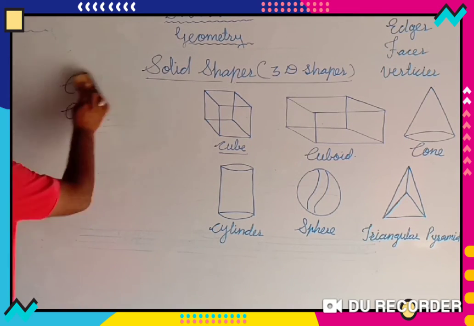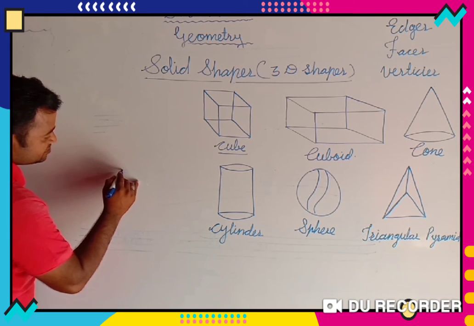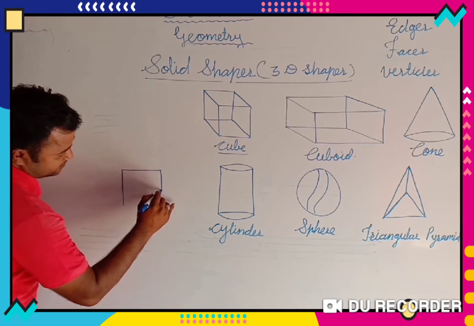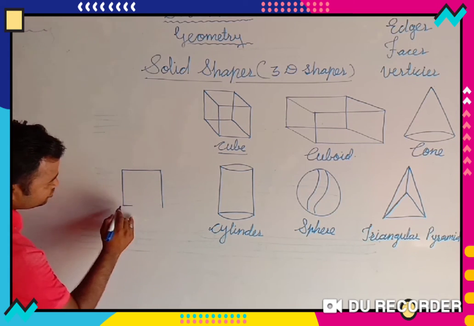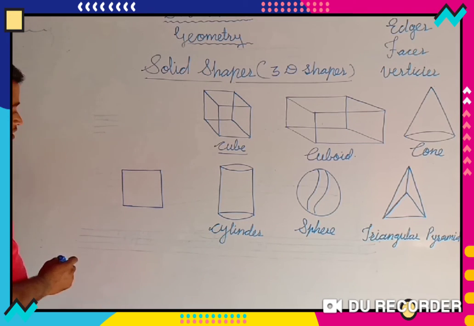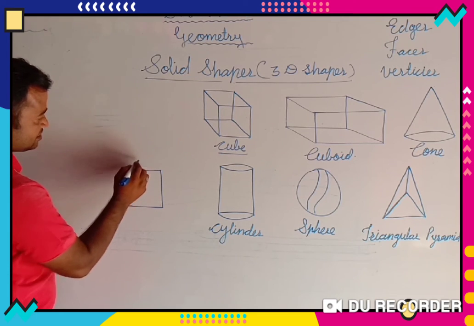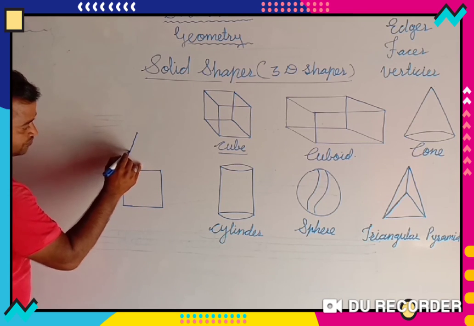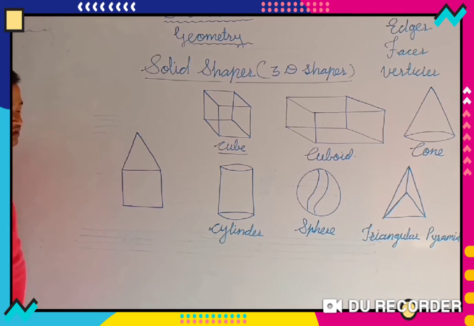I will just draw it here at this side. In order to draw a square pyramid, first step you have to draw a square. Again, keep in mind that all four sides of a square should be equal, right? Then here find its center, mark a center upstairs, the same center, and then join this point to the corners of this square, here and here, with the help of scale, right?